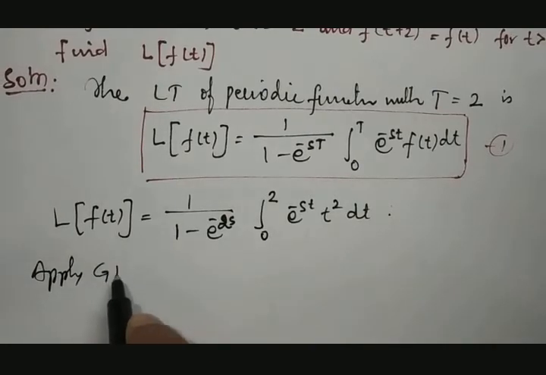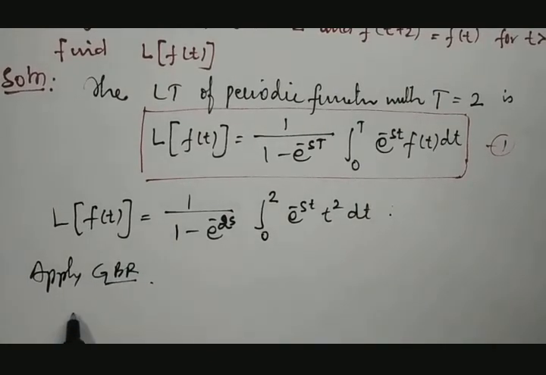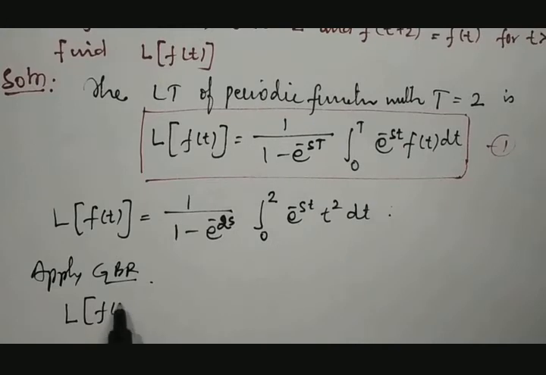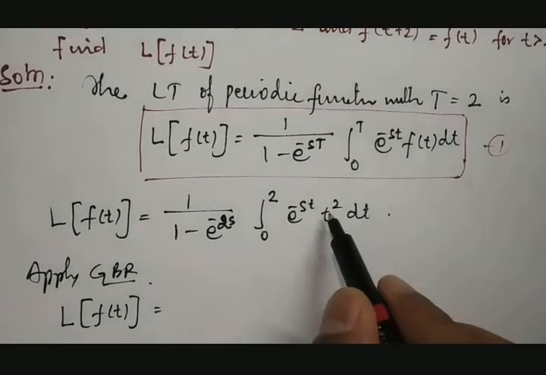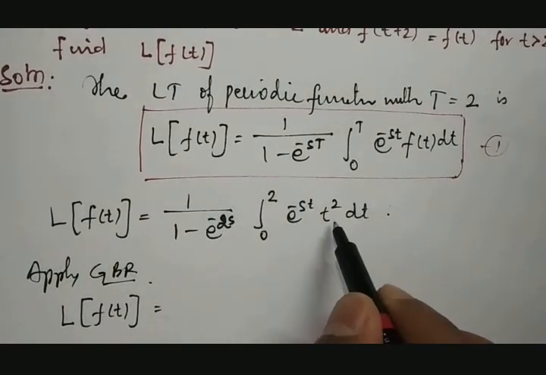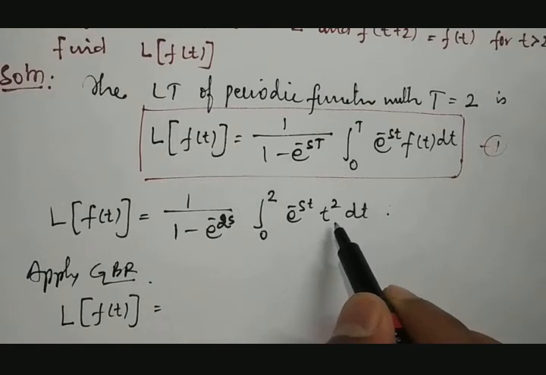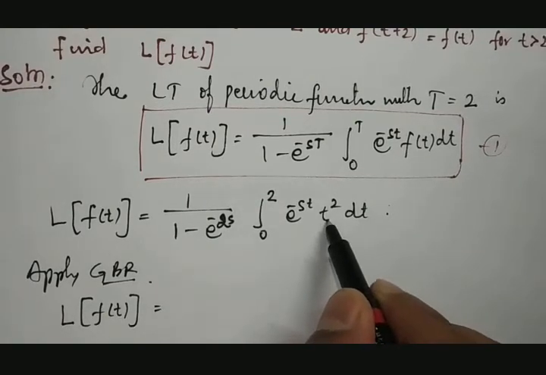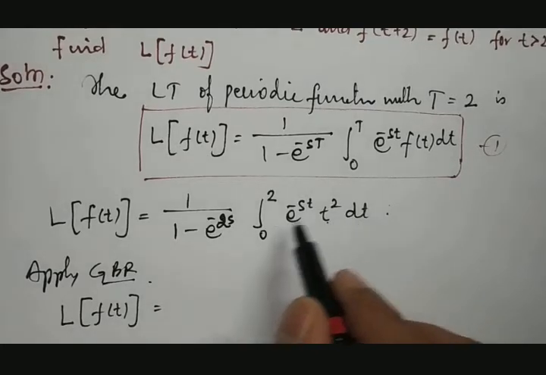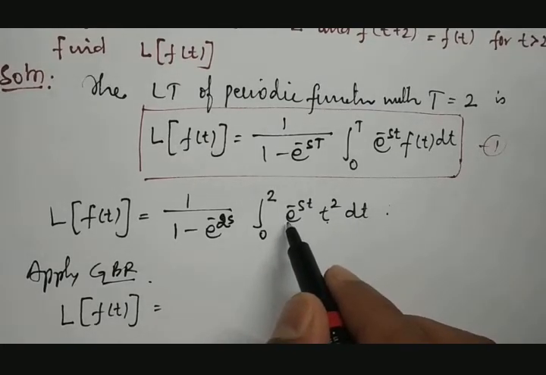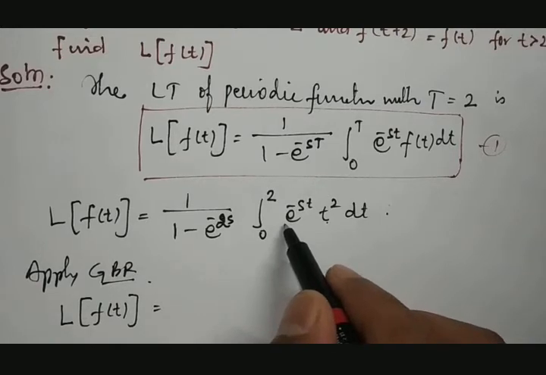Apply the generalized Bernoulli rule. Why the generalized Bernoulli rule? We can see it is a product of two functions which has to be integrated. Out of these two, this is algebraic and this is exponential, so algebraic will be the first function and exponential will be the second function.